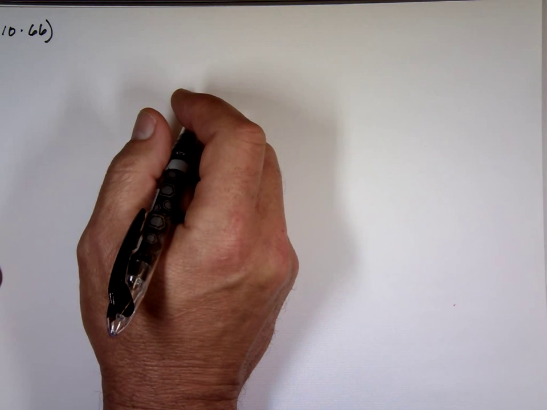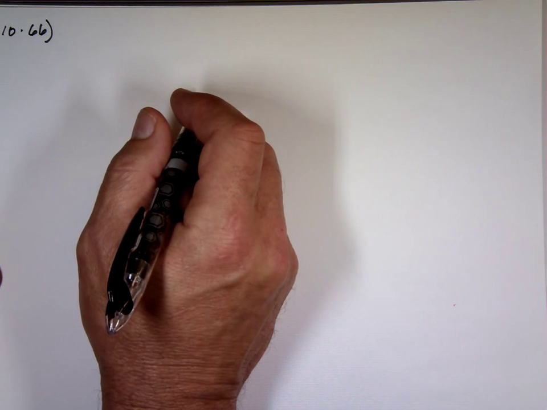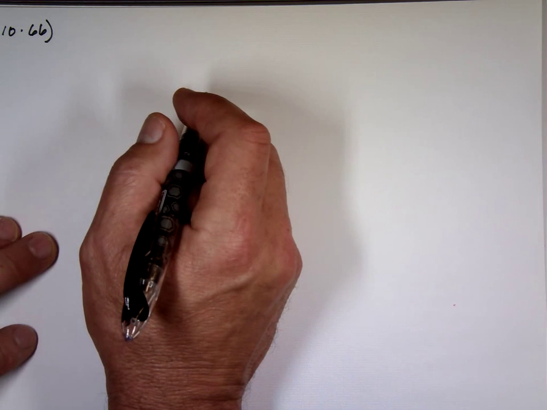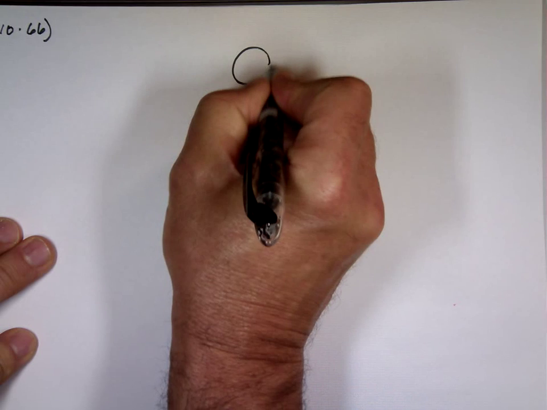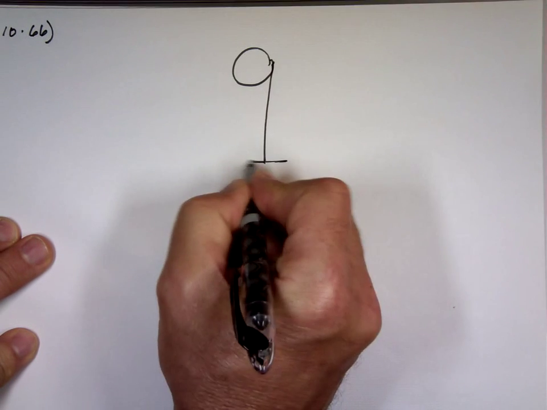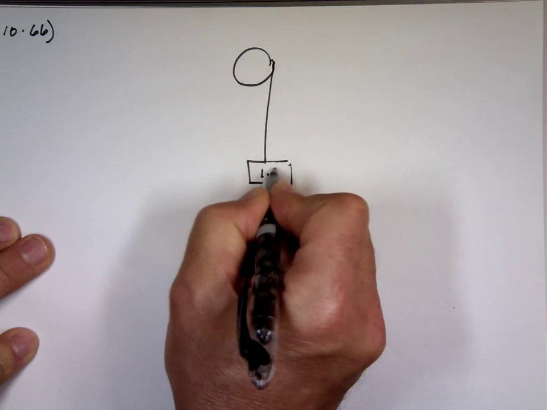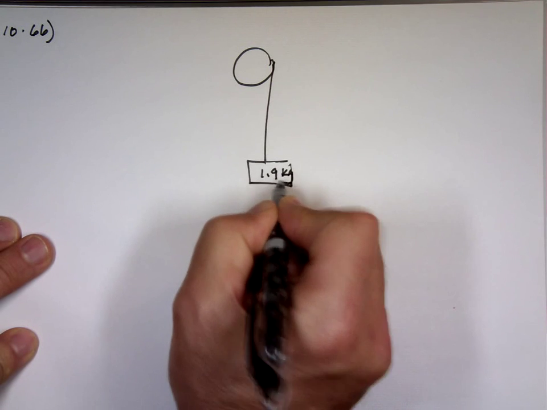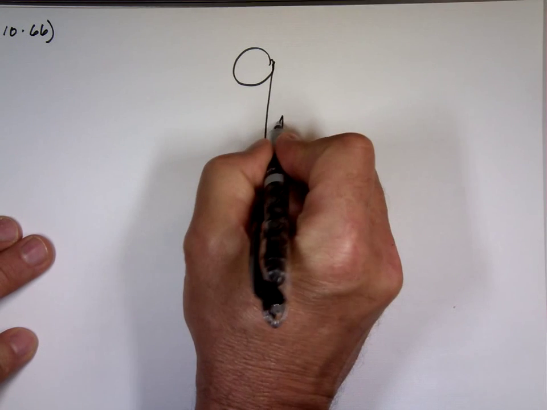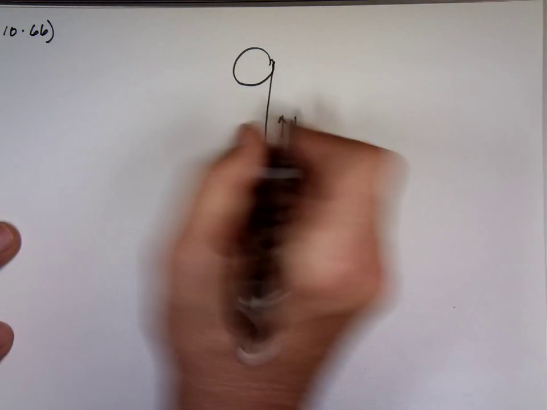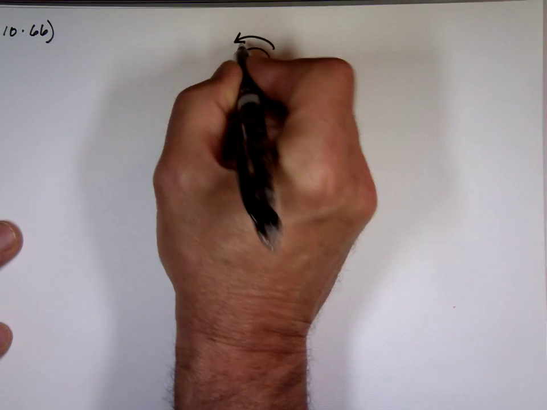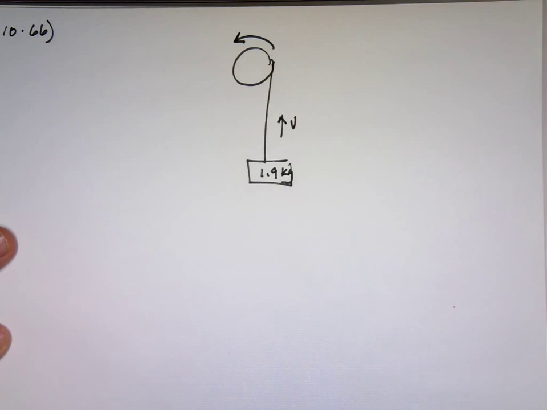We have a block of mass 1.9 kilogram. I think we did this last time too. It's moving upward with the velocity v. The pulley spins. R equals 8.9 centimeters for the pulley.